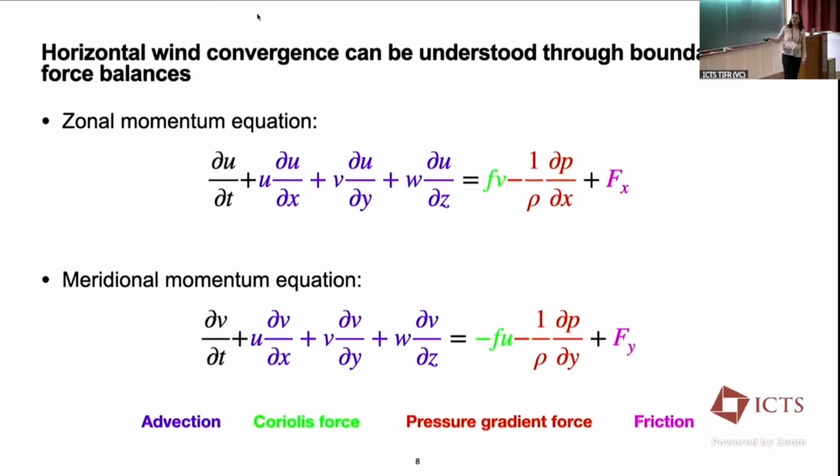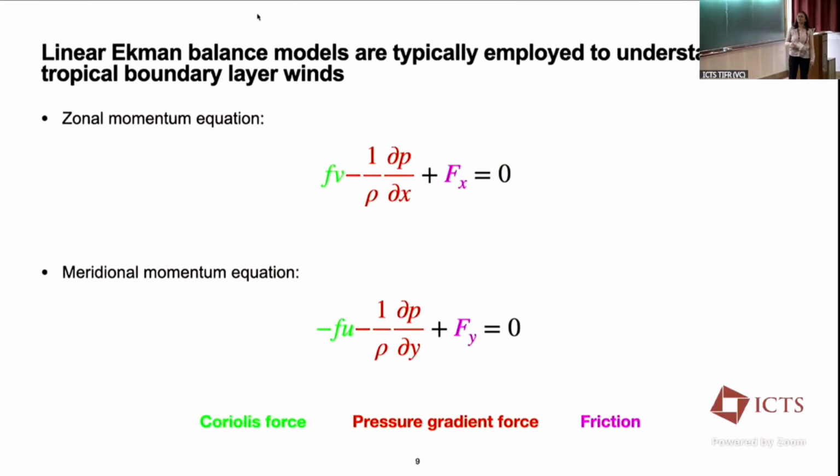I've also highlighted the different forces by different colors. So you have advection in blue, Coriolis in green, pressure gradient in red, and friction in magenta. And typically what people have done in the past is study this from linear Ekman balance.